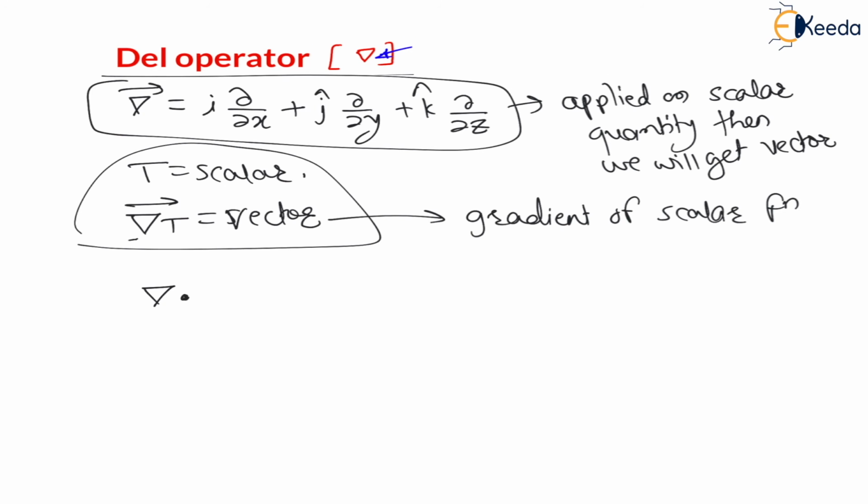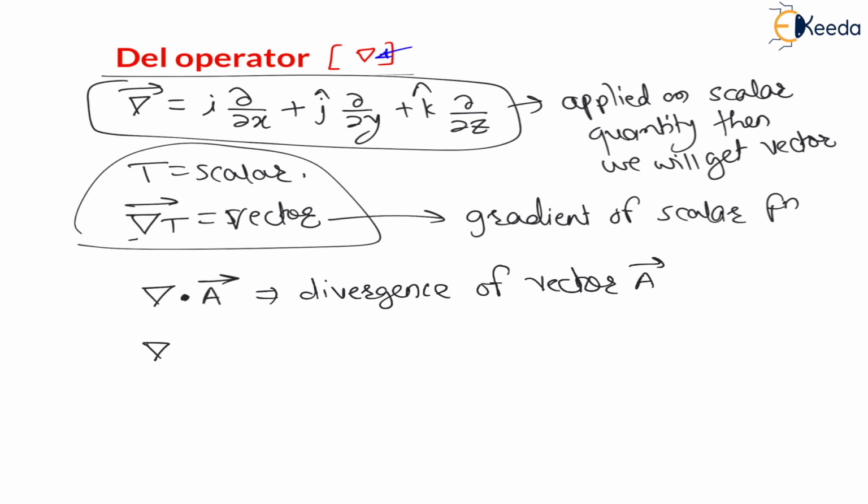With dot product, del dot vector a. Here a is a vector and del is a vector operator. Whenever this del operator is applied on any other vector with dot product, then it is called the divergence of vector a.